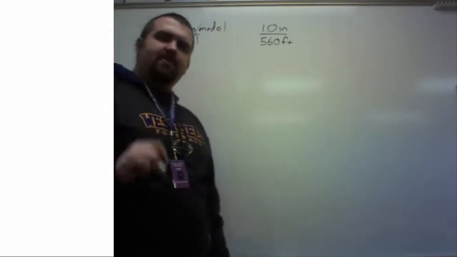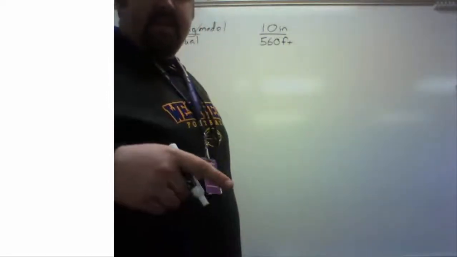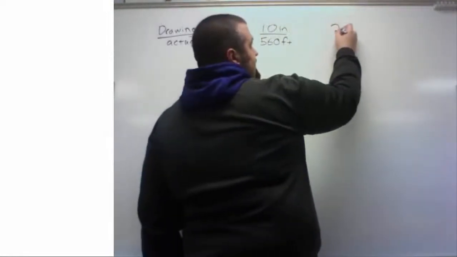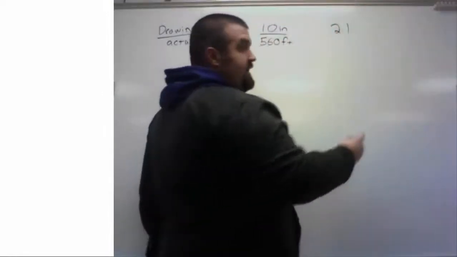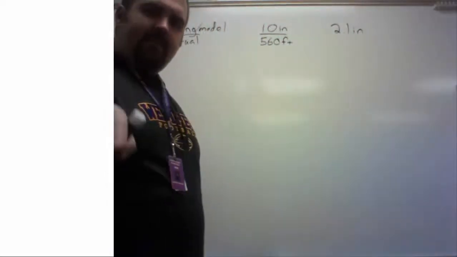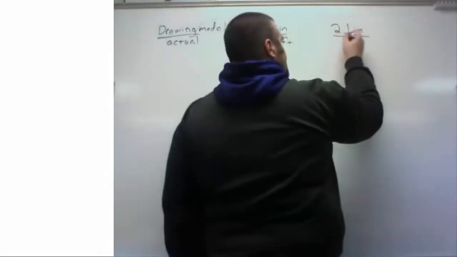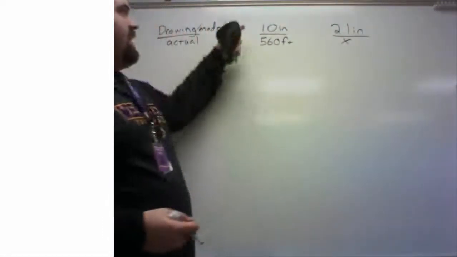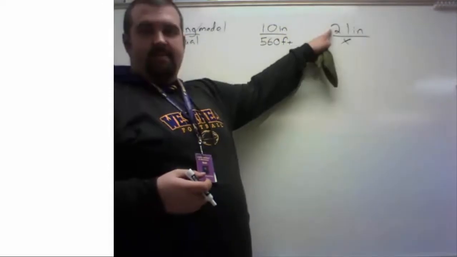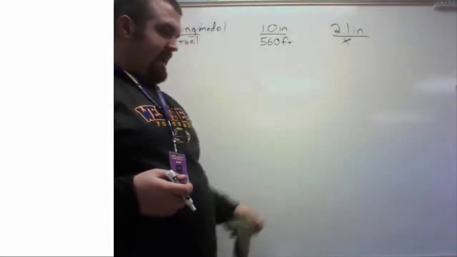I also know that the model has a diameter, so the model, that means the dome on top, has a diameter of 2.1 inches. And what they want me to find is the diameter of the actual dome. So I don't know what the actual dome is. So height of model to height of actual, diameter of model to diameter of actual.